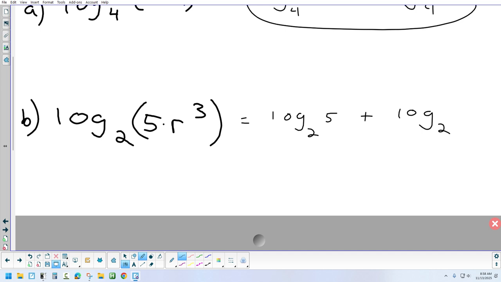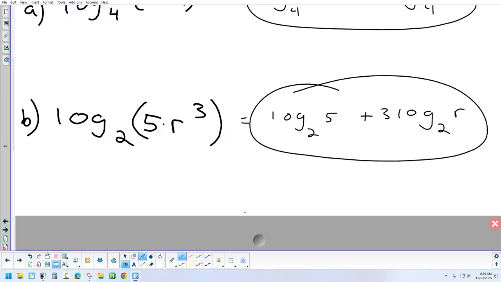Yep. 3 log base 2 of r. Yep. So you could start out with log base 2 of r cubed, but then the cube has to go, or the 3 has to go in front. Just in front of its log, not in front of the whole problem. Okay. Just like that.